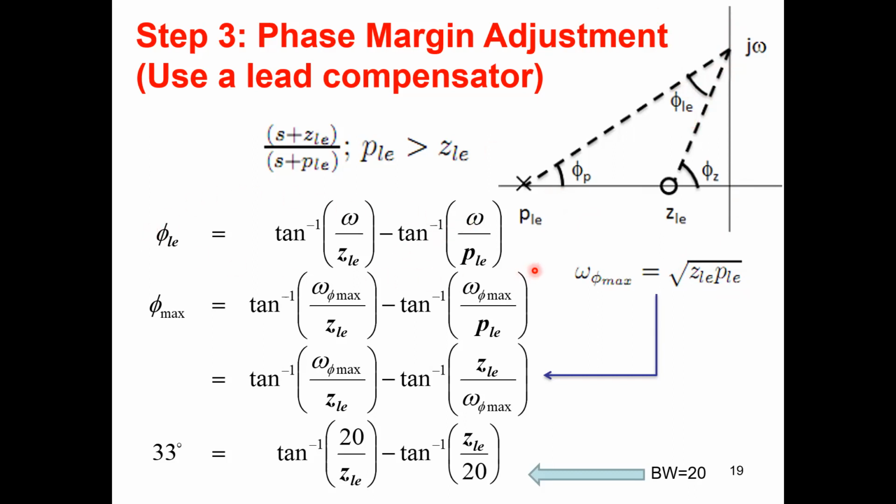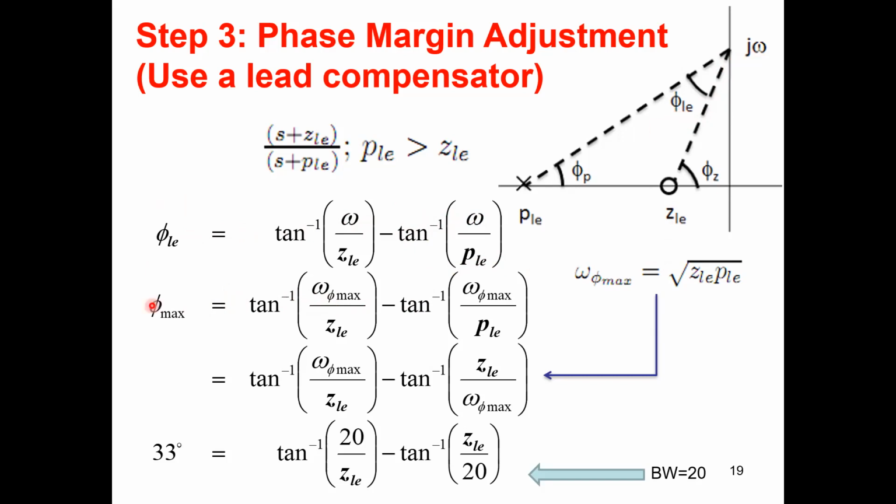Because here this is not well posed, because you have both this zero and pole unknown, and phase is dependent, omega is the independent variable, right? For various omegas, what is the phase? Now all of a sudden what we do is we use this equation at that very specific moment where you fix omega to omega phi max, the frequency which gives you maximum phase lead, and the maximum phase lead is phi max.